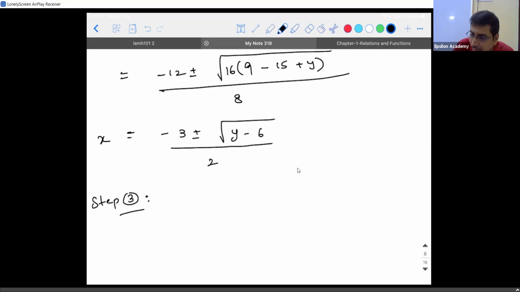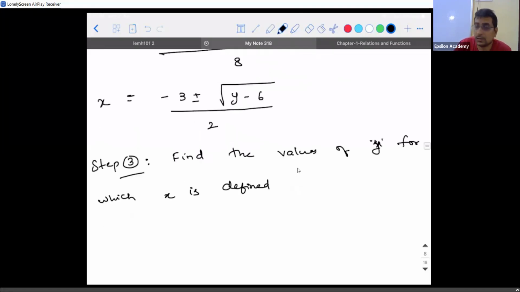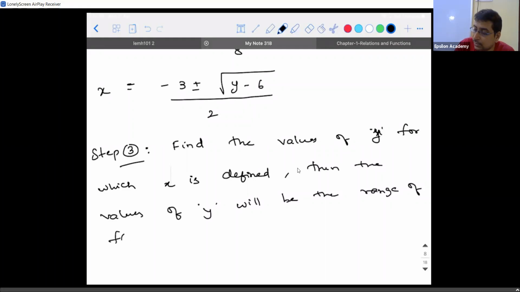So step number 3 is: find the values of y for which x is defined. Then the values of y will be the range of f of x.